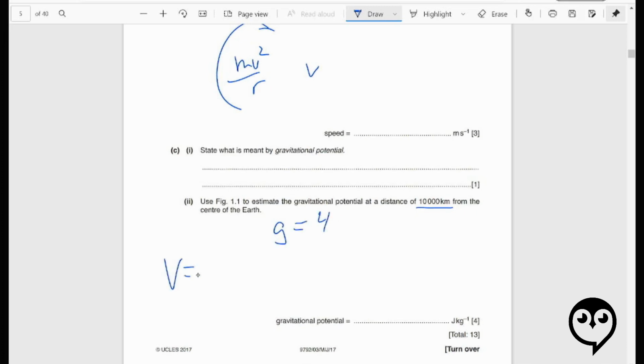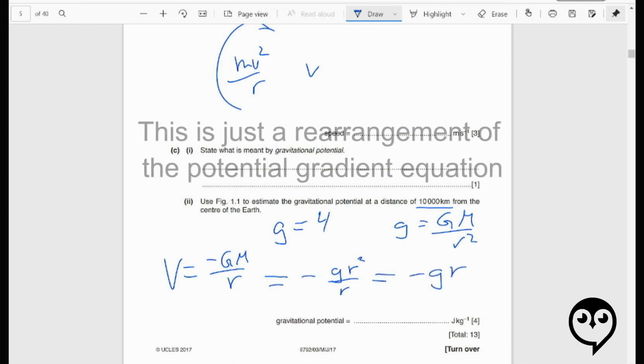Gravitational potential is negative GM over r. We saw up above that g is GM over r squared. If we rearrange for GM, it's g r squared, so that'll be g r squared over r. So it's negative g r. That might be a new one.